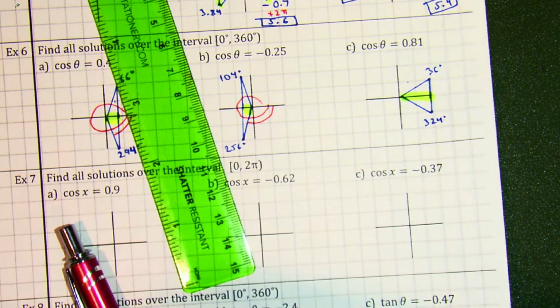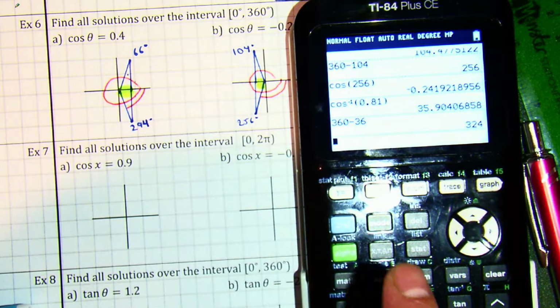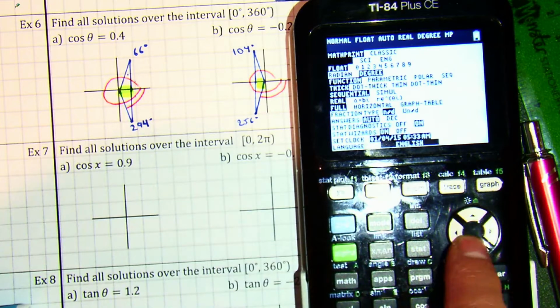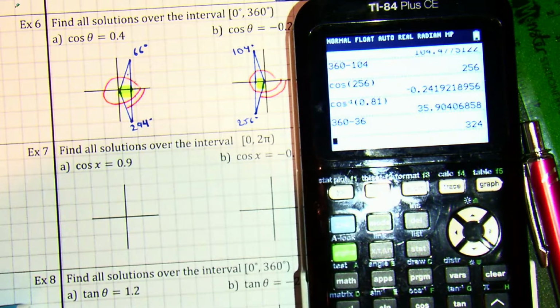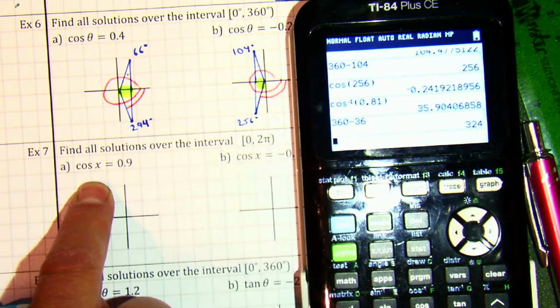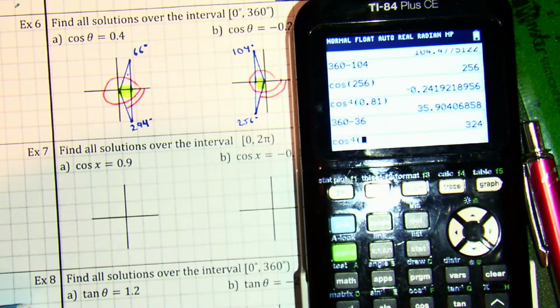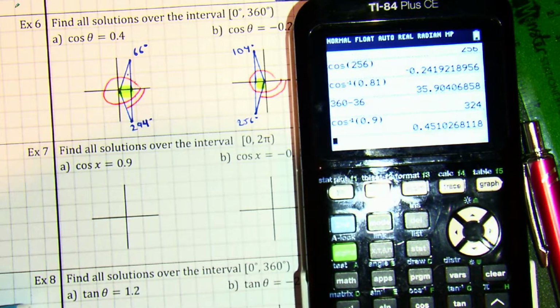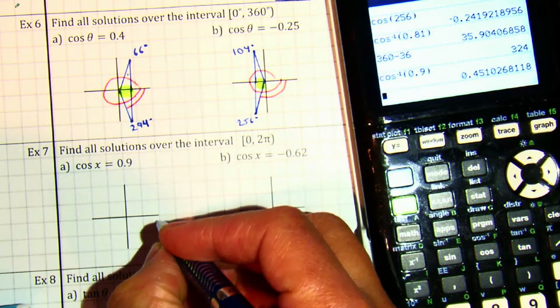So now see if you can do it with radians. So change your calculator to radians, and let's go through the same process. So now that's in radians. So inverse cosine of 0.9 is 0.45. Let's use 2 decimal places for radians. So 0.45.